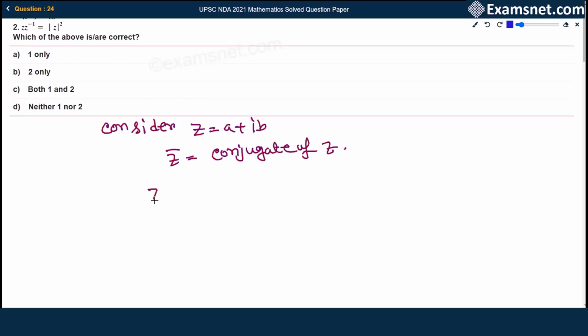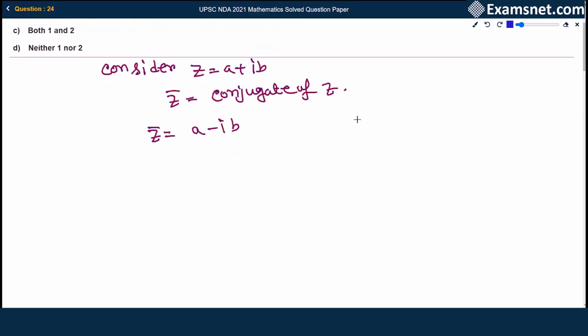That means z bar can be written as a minus ib, right? Also, the multiplicative identity of z and z inverse is 1, right?